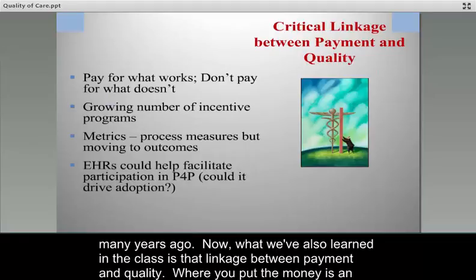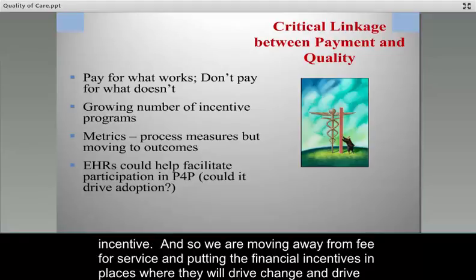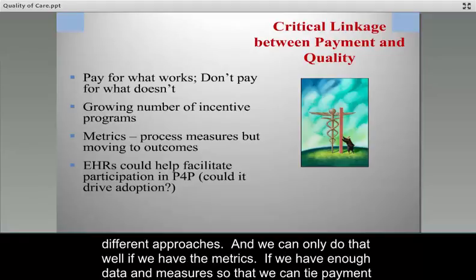Now, what we've also learned in the class is the linkage between payment and quality. Where you put the money is an incentive. And so we are moving away from fee-for-service and putting the financial incentives in places where they will drive change and drive different approaches.